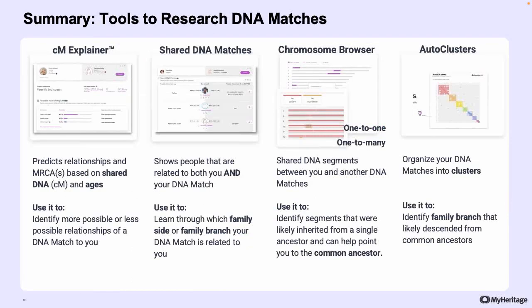Mary is asking, would the results from compared MyHeritage DNA tests show stronger, better results than DNA results imported from other companies like Ancestry or 23andMe or FTDNA? Generally, it will be better because we trust more the SNPs that we are looking at.